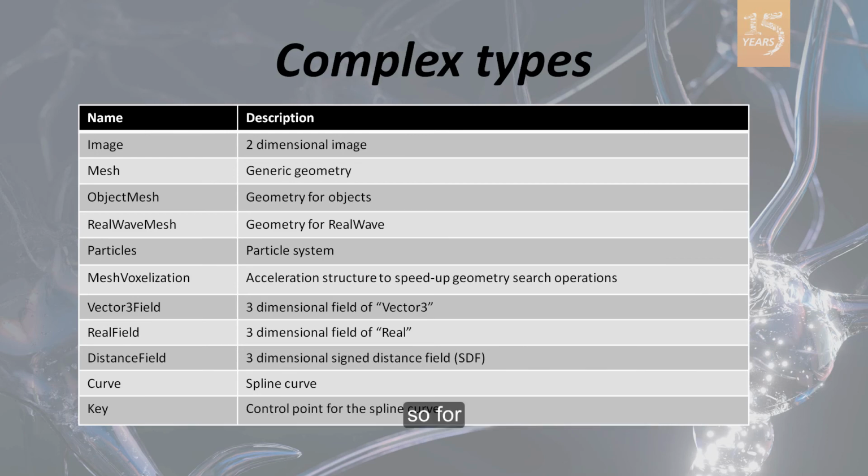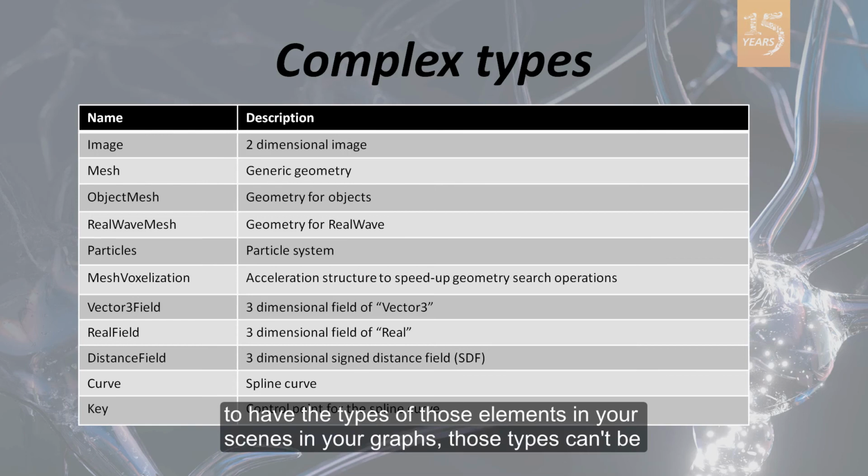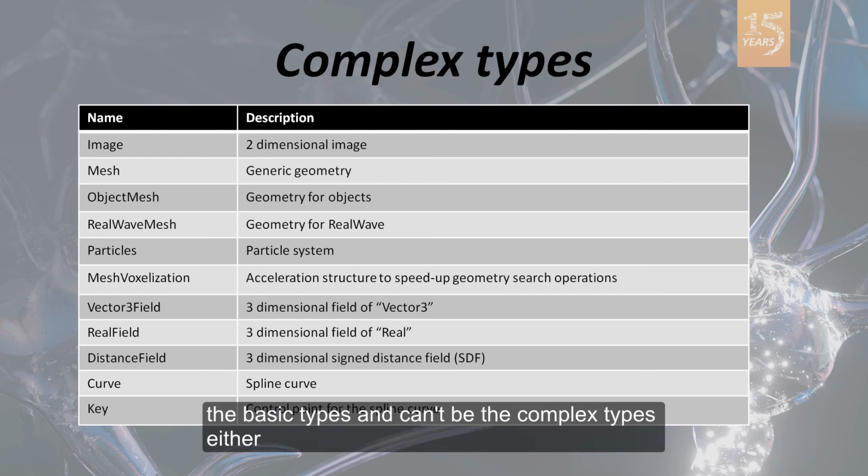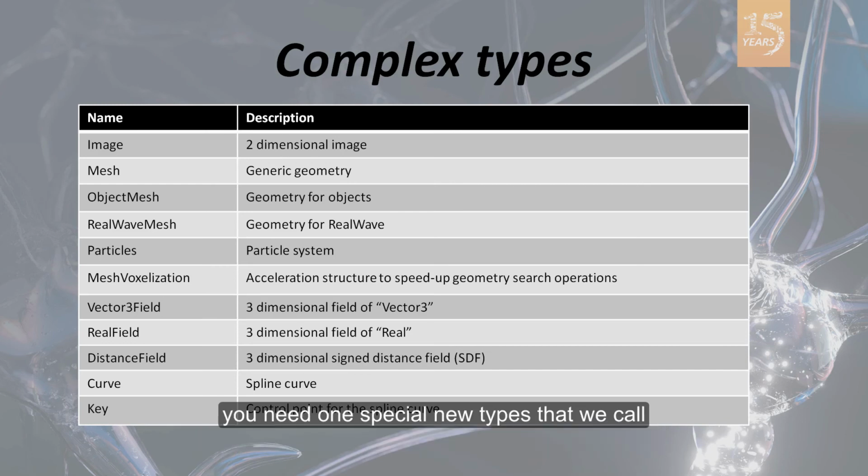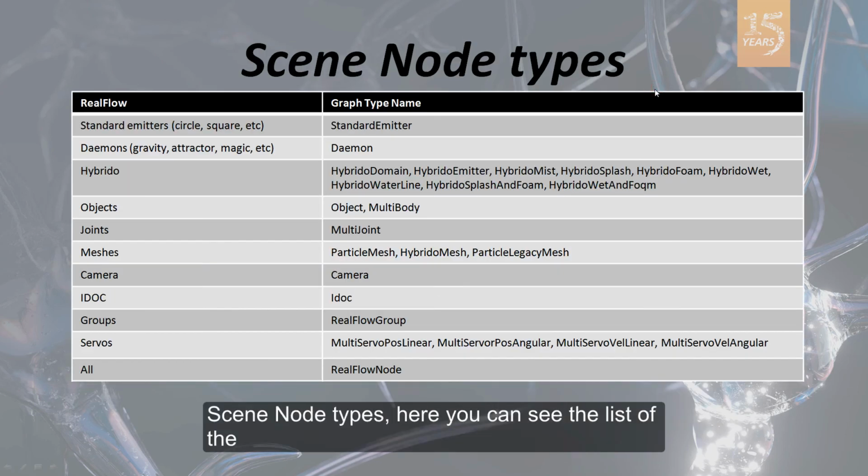So to have the types of those elements in your graphs, those types cannot be the basic types and cannot be the complex types either. You need one special new type, which we call scene node types.